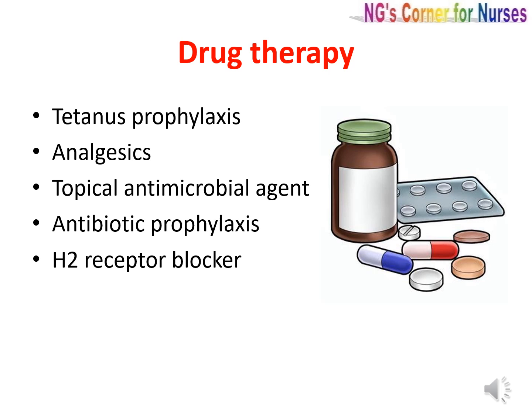Next, coming to the drug therapy. First is tetanus prophylaxis. Tetanus prophylaxis should be updated if necessary for any burns deeper than superficial thickness. Next is analgesics to relieve pain. Next is antibiotic prophylaxis and topical antimicrobial agents.